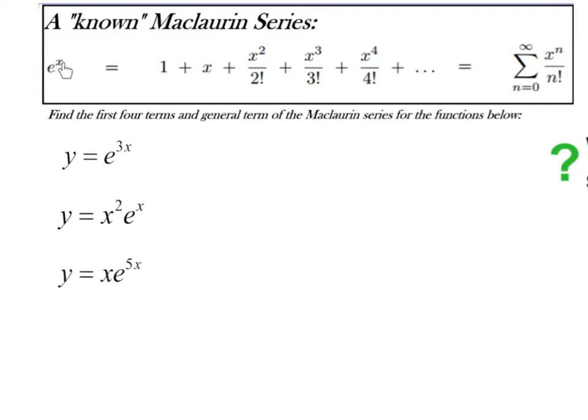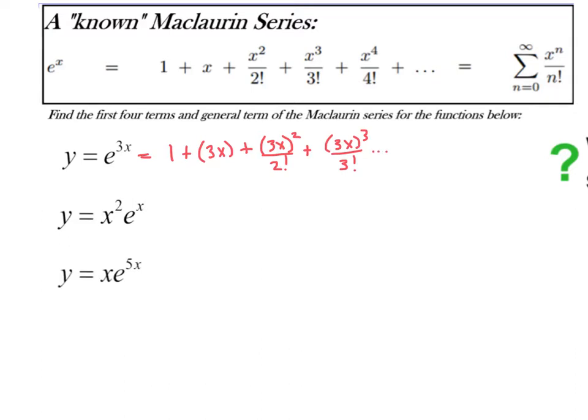It was e to something, we put the something in place of the x. So the first four terms, we'd still have 1 plus 3x plus 3x squared over 2 factorial plus 3x cubed over 3 factorial. And that's it. We just substitute 3x in.